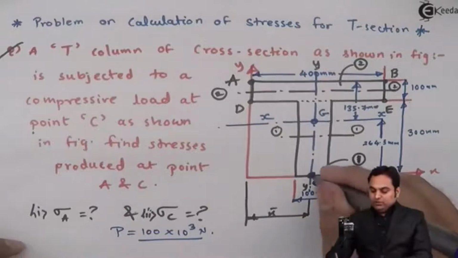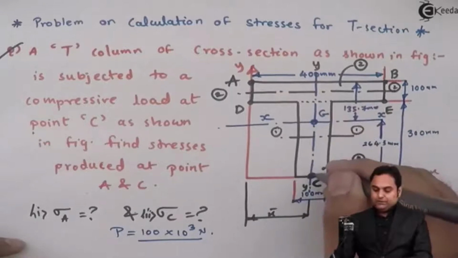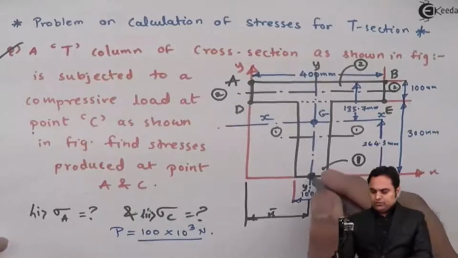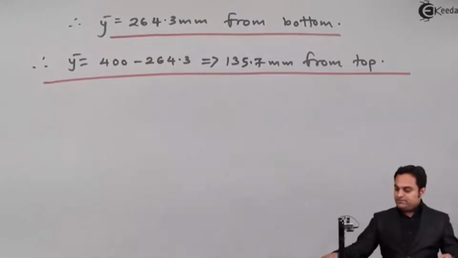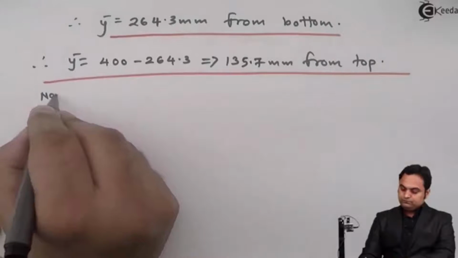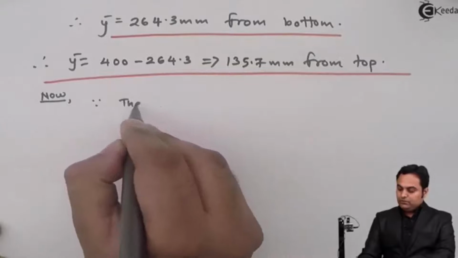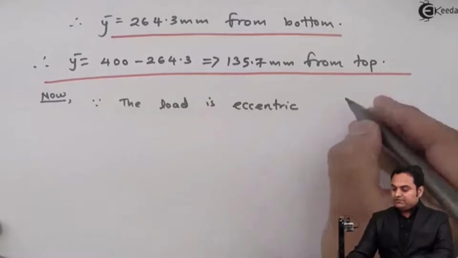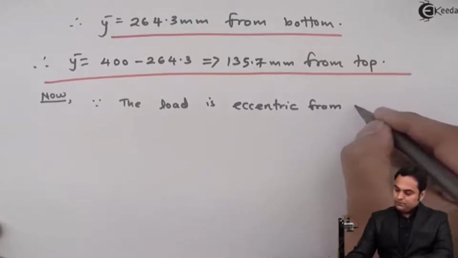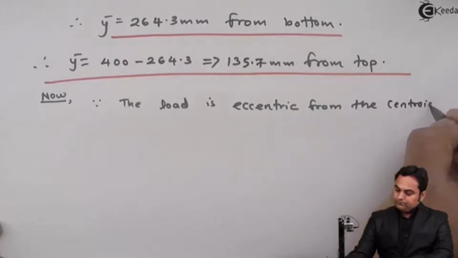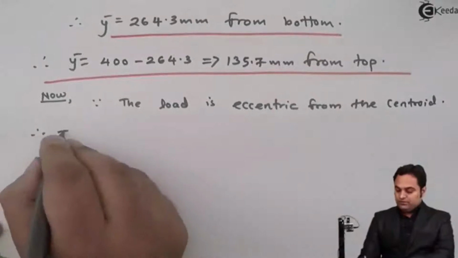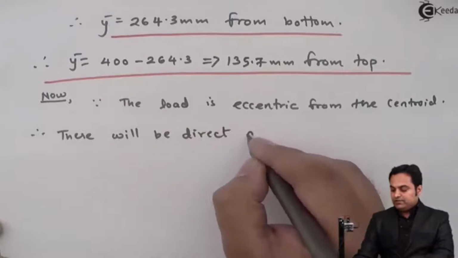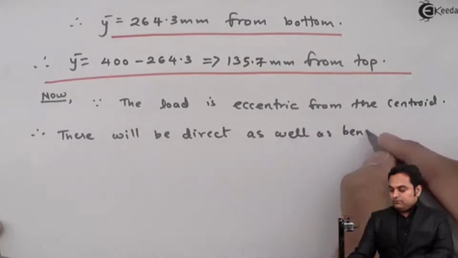Now as we see, the load is eccentric with respect to the centroid, it means at a distance from the centroid, so therefore there will be direct as well as bending stress.